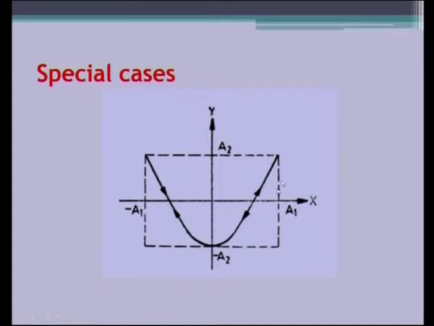So, this is how the resultant point would move when the special case of phi equal to 0 is imposed on the final equation. We have got a shape on the two dimensional plane. It is a coinciding parabola.